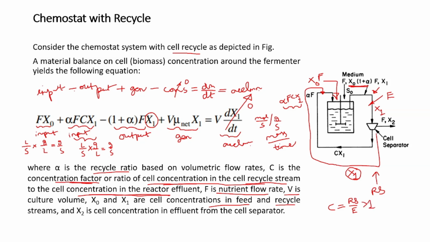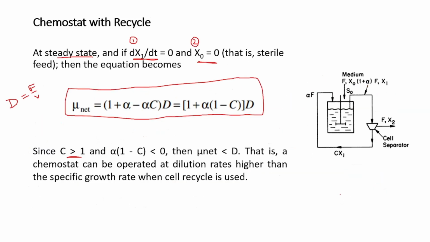That means the proportion of the recycled stream should be higher than that of the effluent stream. The effluent stream part should be lower and the recycled stream part should be higher. Then only will your concentration factor c increase, and for proper recycling c should be greater than 1, and alpha into 1 minus c should be less than 0. Because alpha is a ratio, if c is greater than 1, then obviously 1 minus c will be a negative term.